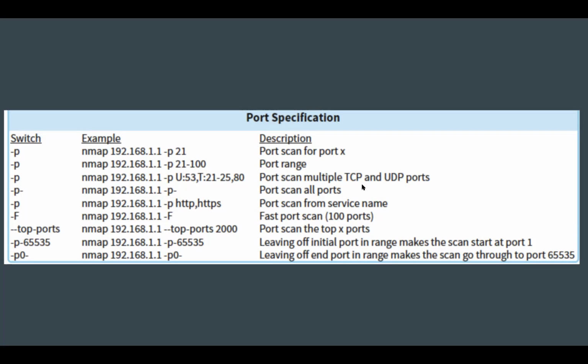There are different protocols used for different services, and at the very end you can make the scan go through all possible port numbers from 1 to 65,535 ports. That is the maximum number that your port number can go to on a host.